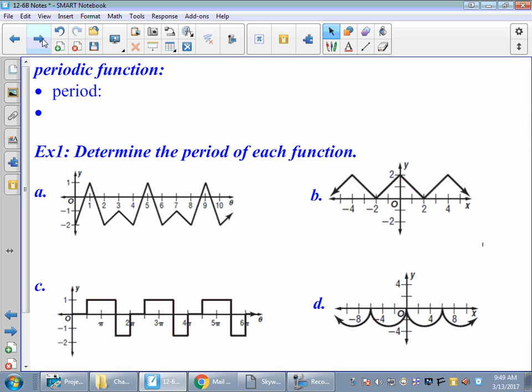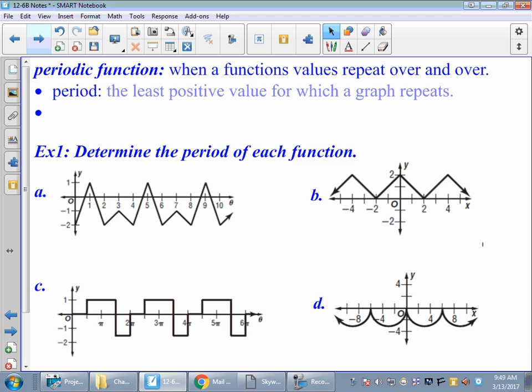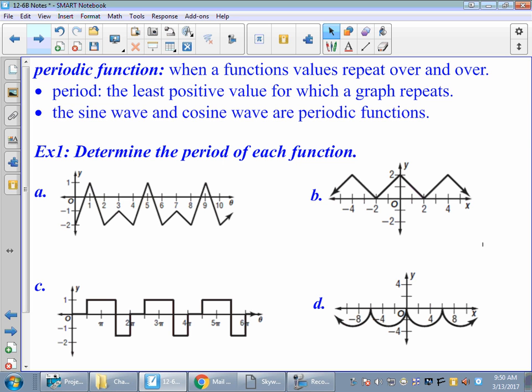So the first thing we're going to discuss is the period of a function. A periodic function is a function that repeats over and over and over again. The period is the least positive value for which a graph repeats. So it has to be a positive number. Periods cannot be negative. And the sine and cosine waves are periodic functions.